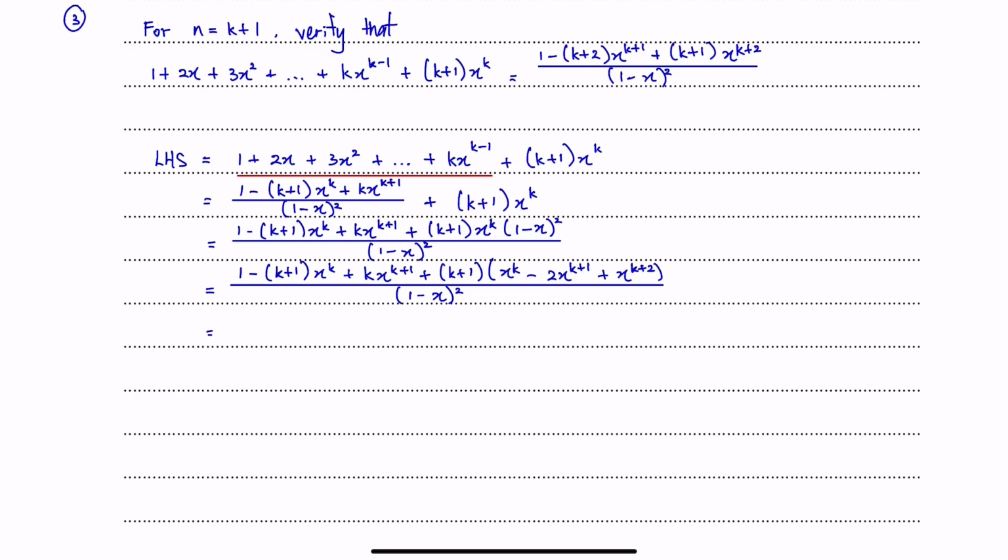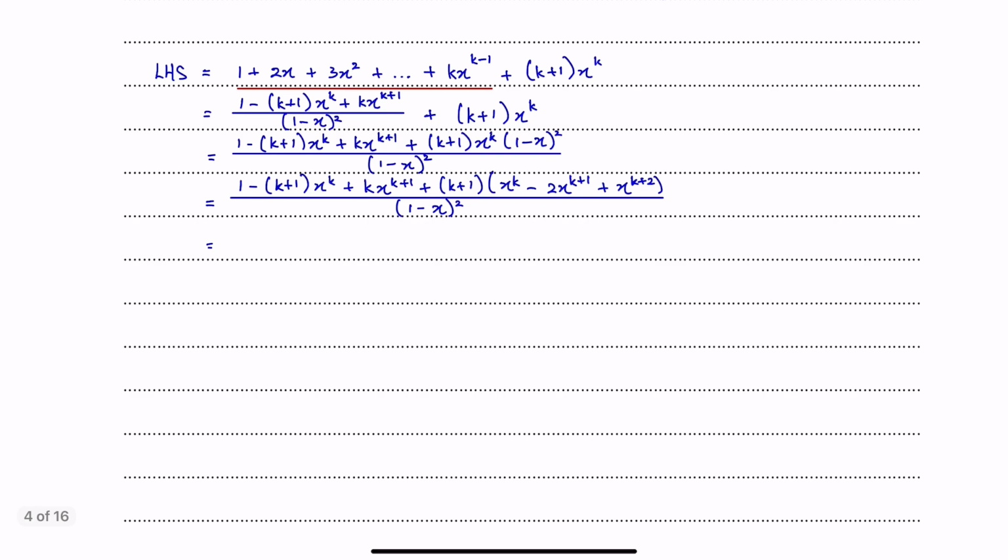So now let's group the terms according to the power of x. So for x to the power of k, we have minus k minus 1 plus k plus 1. And for x to the k plus 1, we have k minus 2k minus 2.